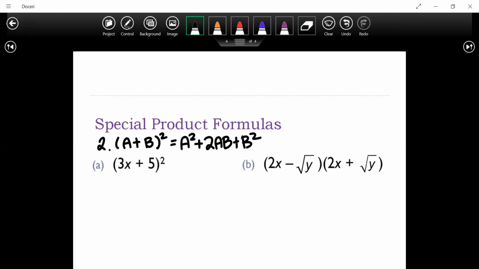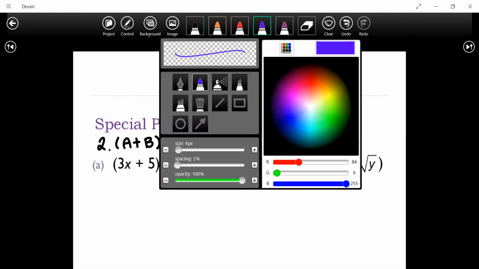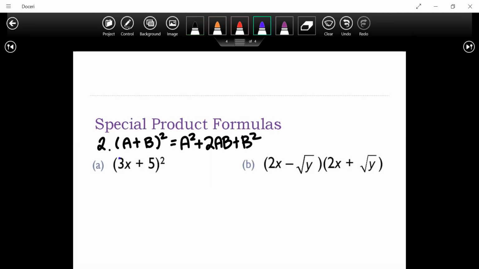As long as you're able to follow that, all you really want to do is plug in. My 3x is going to be my a, and your b will be 5. So we're just going to plug those values in.